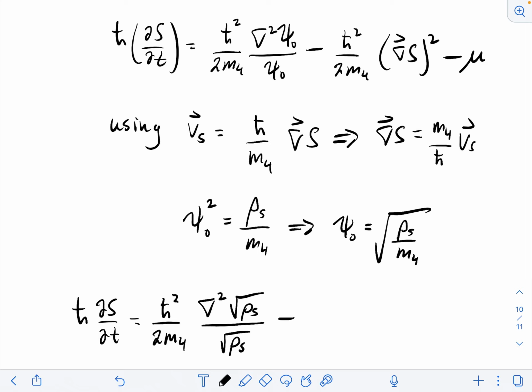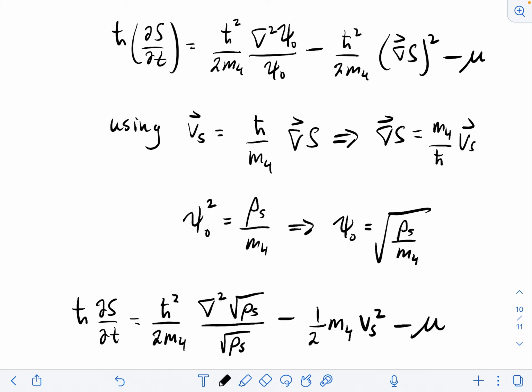So there's going to be some cancellations. The ħ² are going to cancel, and we're going to get a 1/2 m₄ left over. And then we're going to have Vs squared, which is Vs dot Vs, just the magnitude squared of the superfluid velocity. And then we have minus the chemical potential.